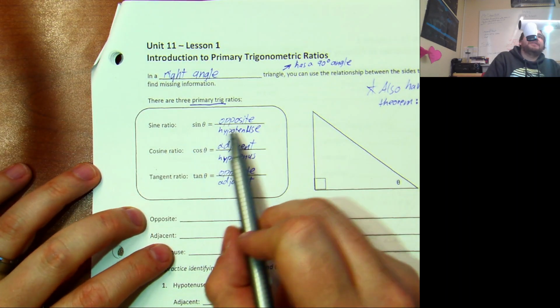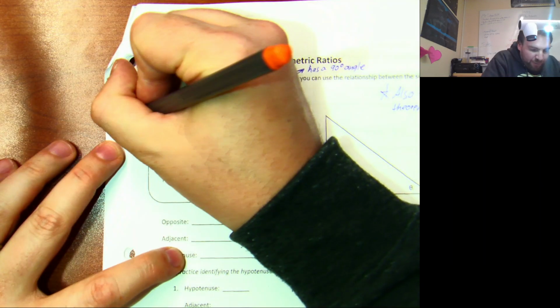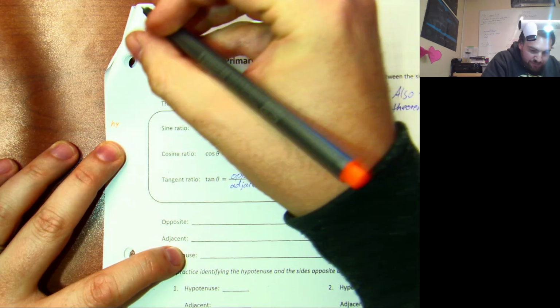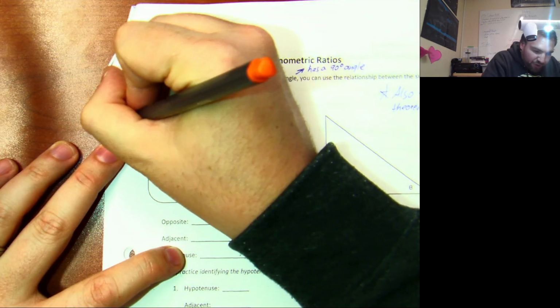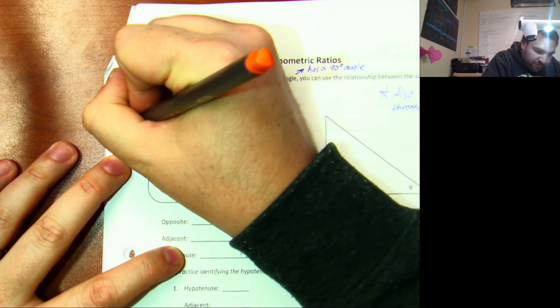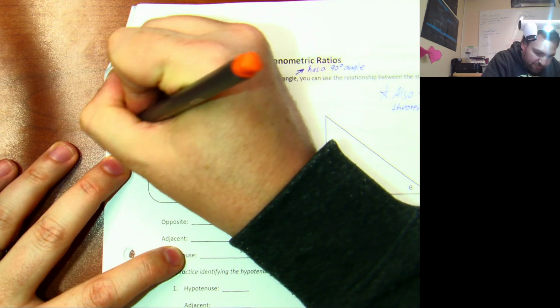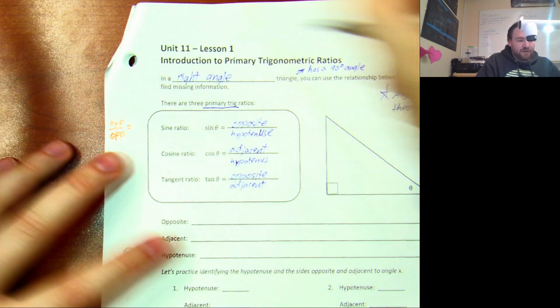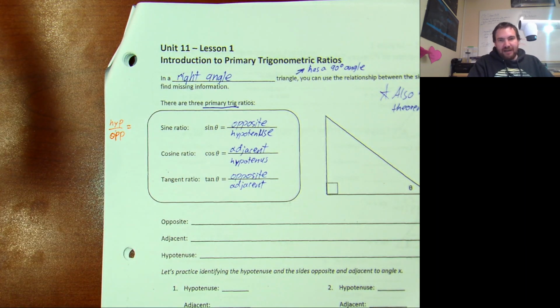The sine ratio we said was opposite over hypotenuse. What if we wanted hypotenuse over opposite? Well, that's not the sine ratio. I've got to make sure I don't screw this up, because I've only actually used 2 of the 3 before.